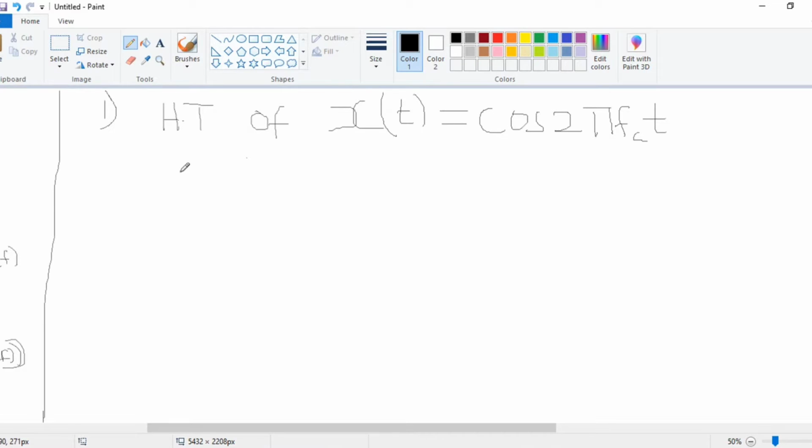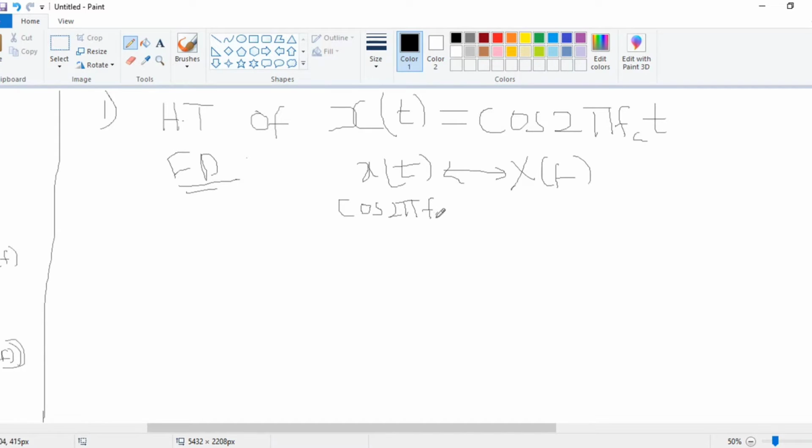So let us go with the frequency domain method. Whatever frequency domain method is nothing but your Fourier transform method. What are the steps you have? First, x of t should be converted to x of f. x of t is nothing but cos 2 pi fct, you need to find its Fourier transform. So what is the Fourier transform of cos 2 pi fct?